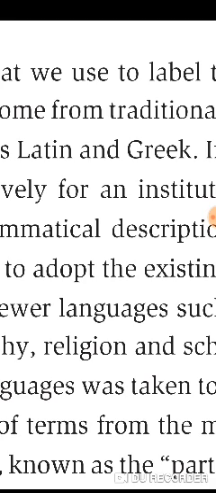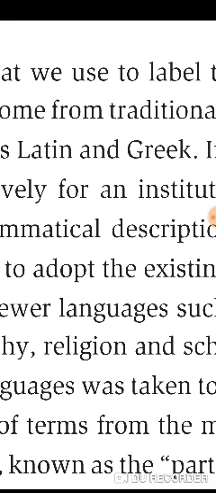Okay, why? Because English grammarians in the past came and used the grammar of Latin and Greek in order to make their own grammar for English.